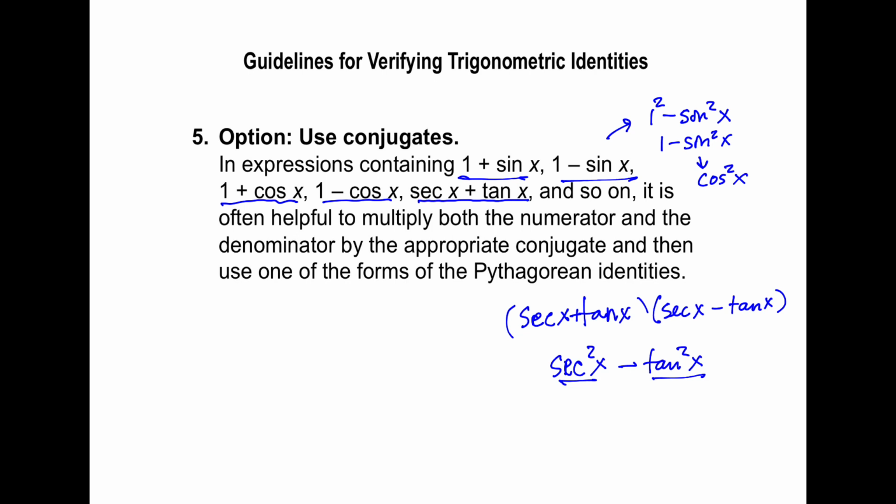That offers us ways to combine them together into one expression rather than two. So it's that with the Pythagorean identities, etc., that will help us rewrite, simplify, and try to make the left-hand side look like the right-hand side, or vice versa.